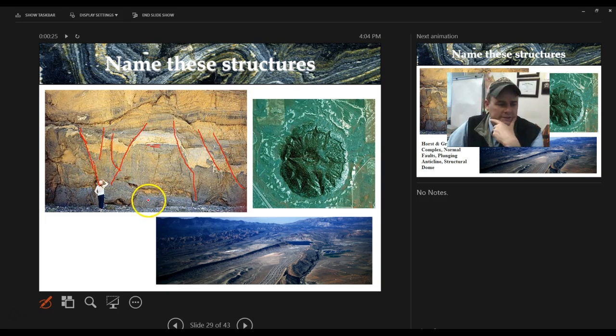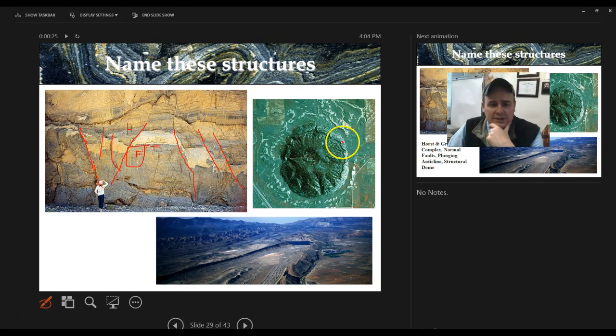But all different kinds of faults. This is your footwall. My hanging wall. And so this block, the footwall, has gone down relative to the hanging wall, so we call this a normal fault. The extensional regime, so it would be related to divergence in the system.